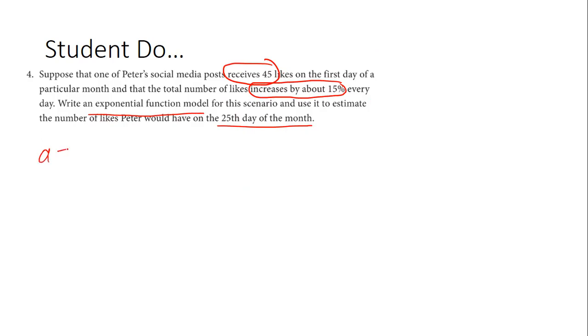What is my A value? 45. What is my B value? 1.15, right? Okay. So my equation is going to be 45 times 1.15 powered by 25. So that you remember what you're doing, remember it's always minus when you're counting from a day.